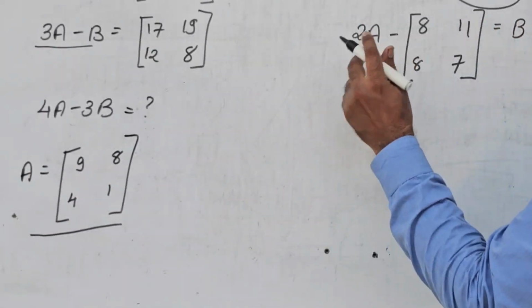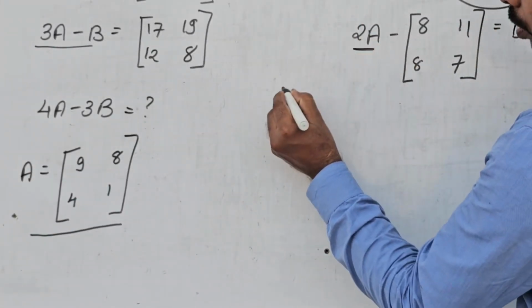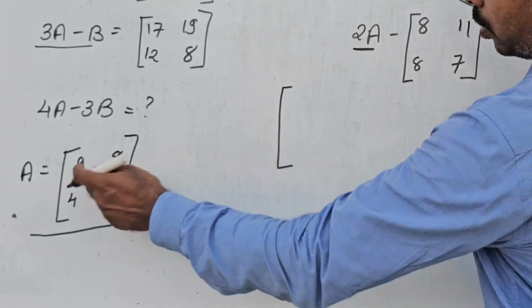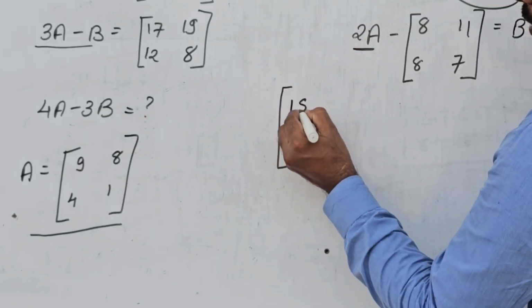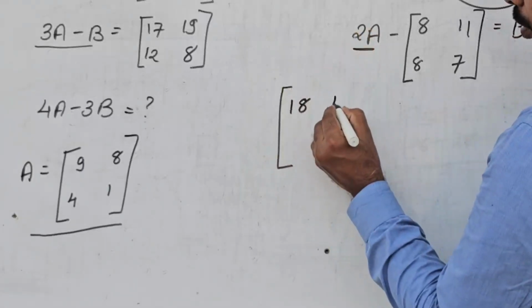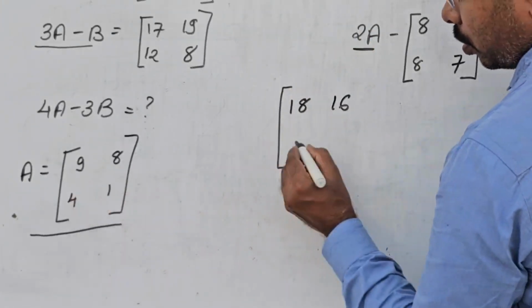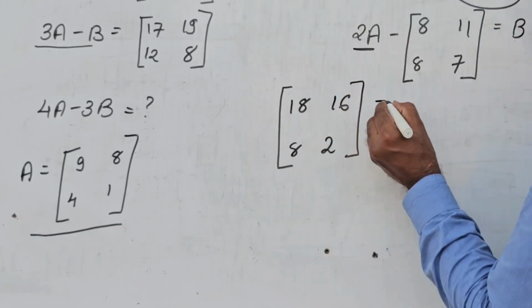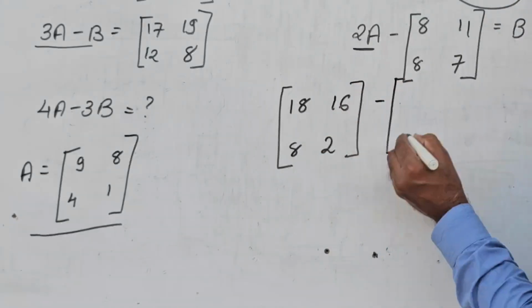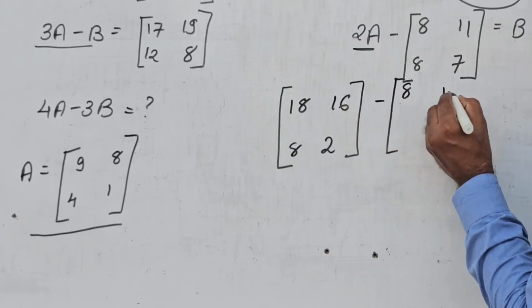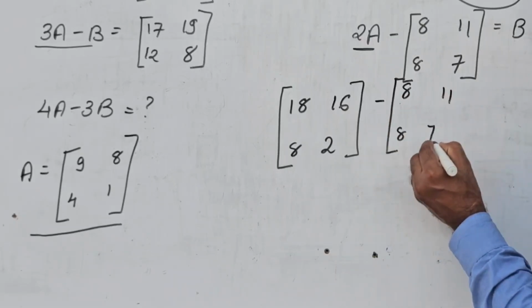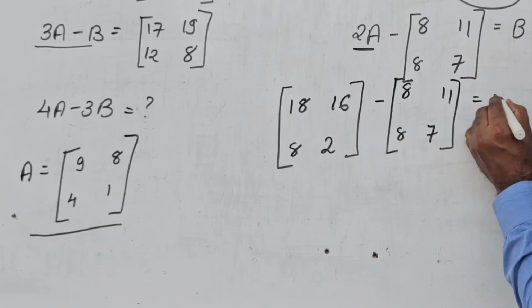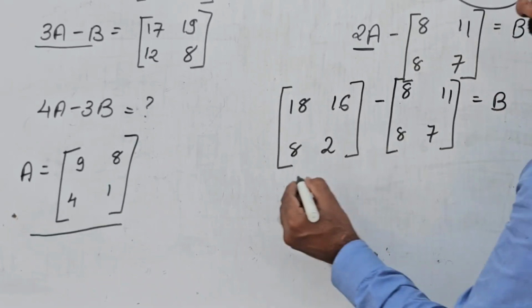So if we multiply matrix A with 2, we will get 2A. So 9 into 2 that is 18, 8 into 2 is 16, 4 into 2 is 8 and 1 into 2 is 2, minus [8, 11; 8, 7] is equal to B.